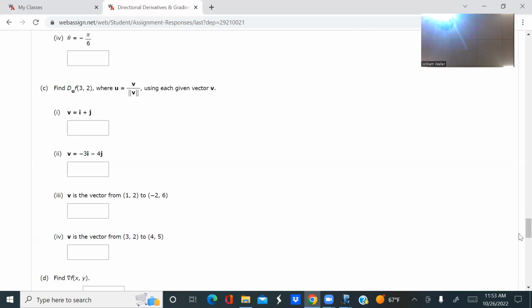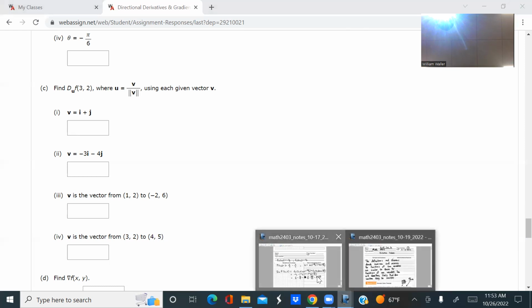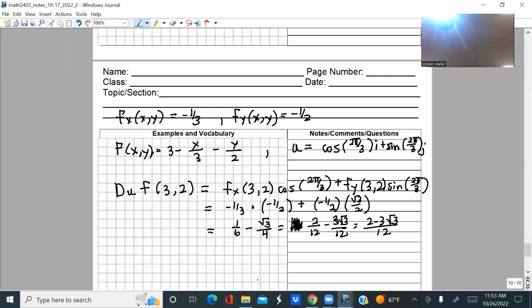All right, so let's do the calculations here. We still need this information, correct? But before we start calculating the directional derivative, we need to change that. First, let's see what that vector v is, and then we need to put it into unit form. So what is that vector v?